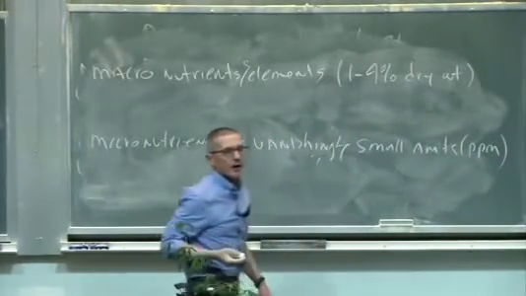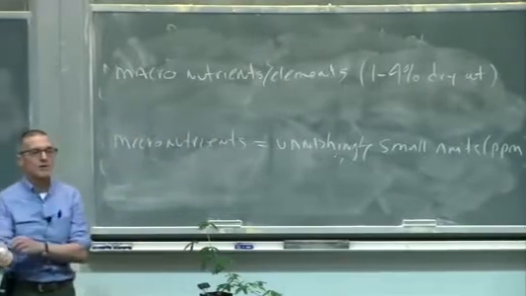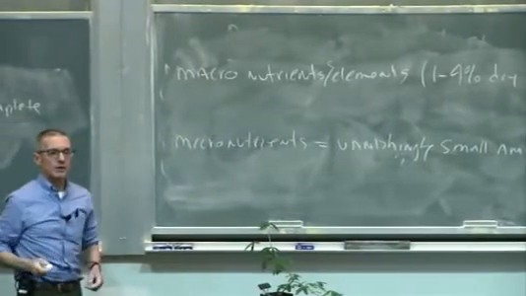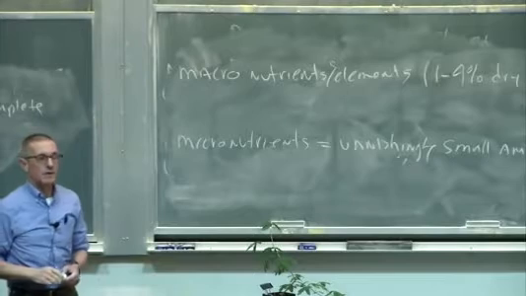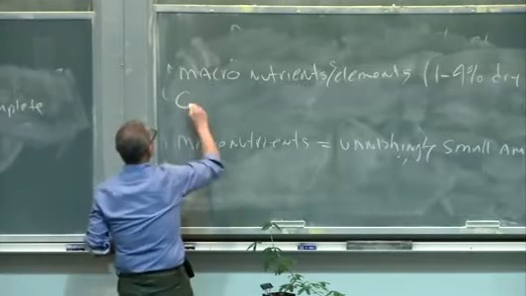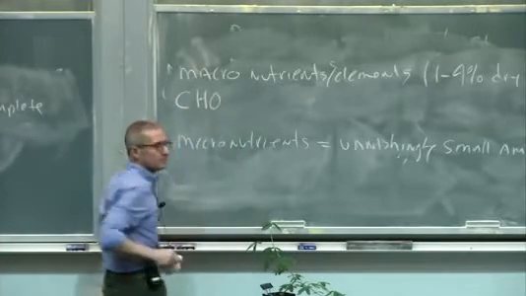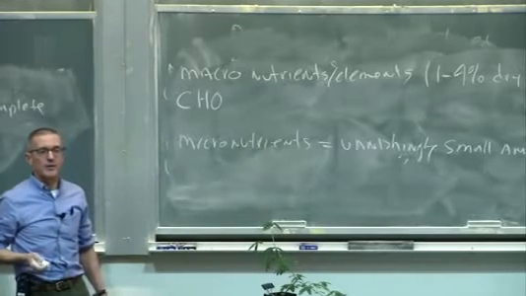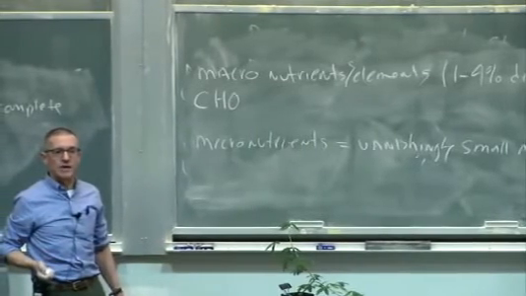Now let's talk about what elements fall into the macro and micronutrients, the ones that are required for the plant to complete its life cycle. There's carbon, hydrogen, and oxygen, which are the ones that we talked about at the very first mention of plants in the algae.